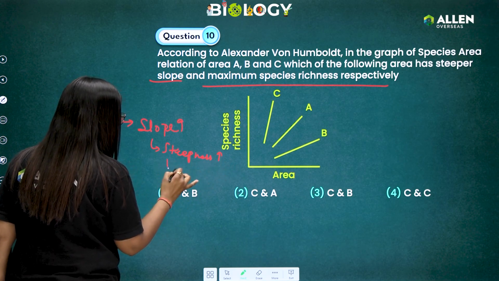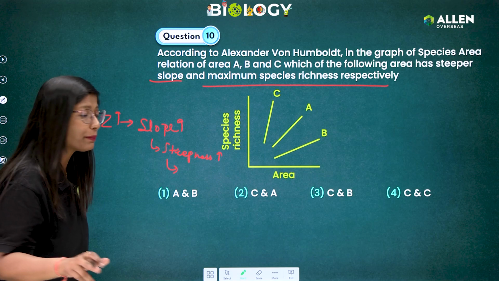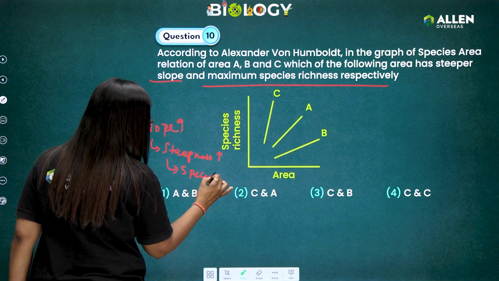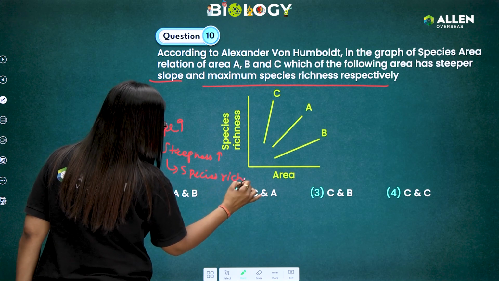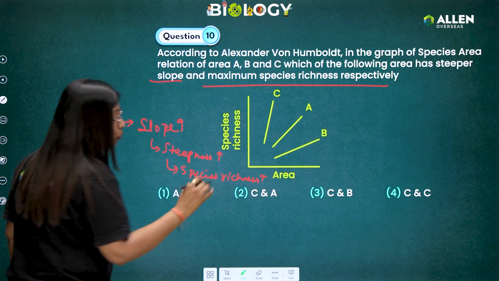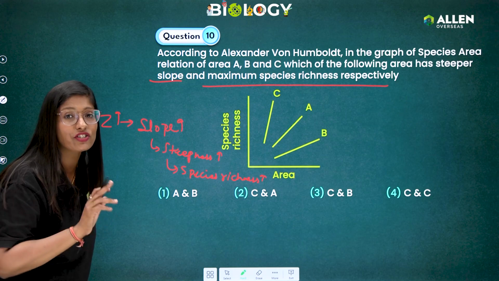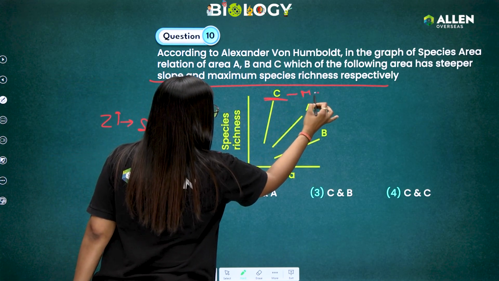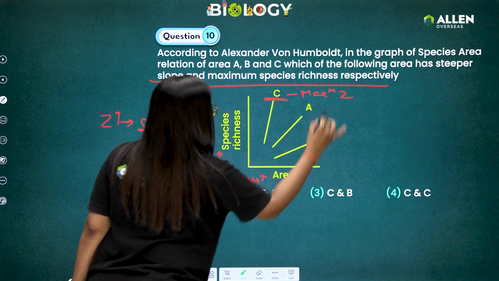And when the steepness increases, we say the graph is steeper, and we say that the species richness also increases. So the steeper the graph is, the richer it is, and if you will compare the 3, you will find that C has the maximum Z value.